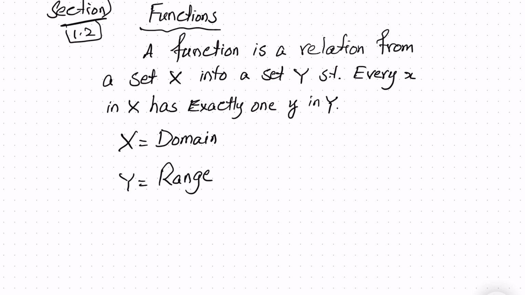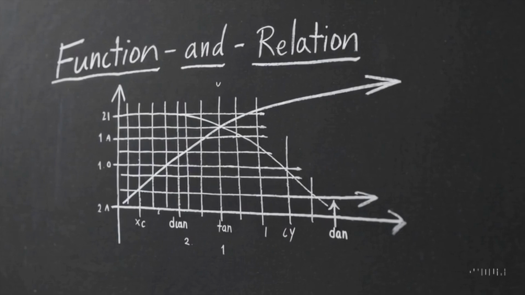When we say a function, it says a function is a relation. Anybody know what a relation is? If you don't know what a relation is, most probably you know what a function is, because every function is a relation, but not every relation is a function.